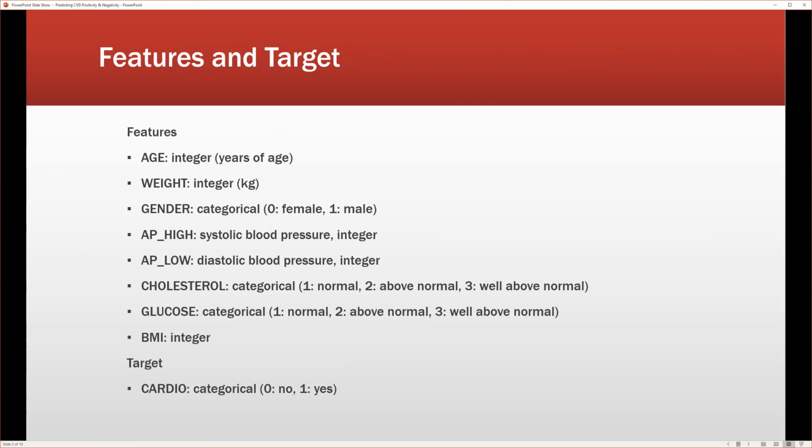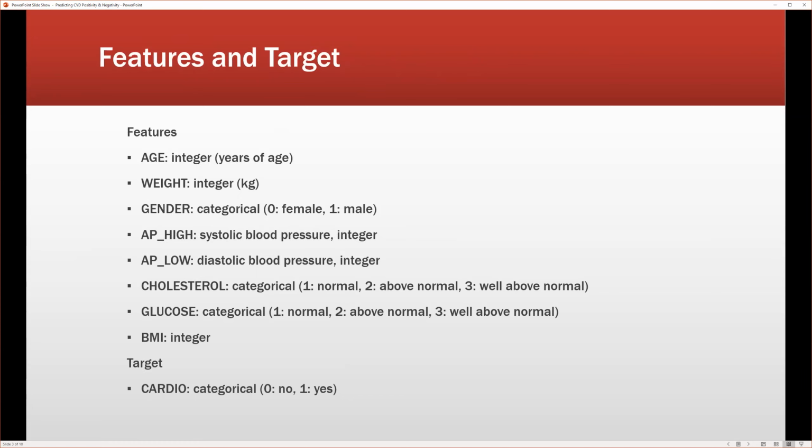For the cholesterol, they'll be numbered 1, 2, and 3, 1 being normal, 2 being above normal, 3 being well above normal, as well as glucose. Again, the same thing follows: 1 being normal, 2 being above normal, and 3 being well above normal.